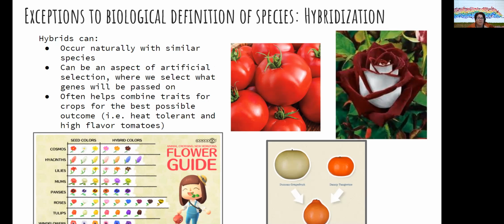And over time, they will get to a point that they're different enough, if the situation is appropriate for it, that they can no longer reproduce. That is all under the umbrella of the biological species definition. However, there are some exceptions to that, including asexually reproducing organisms and hybrid organisms that we see very often.